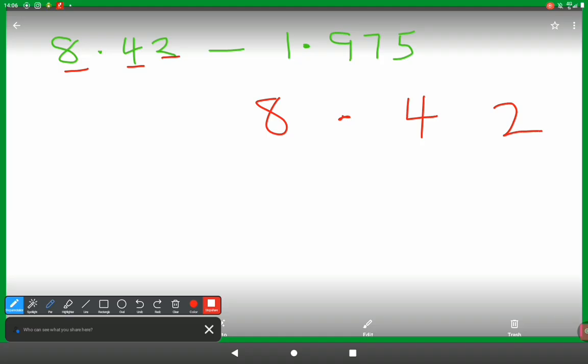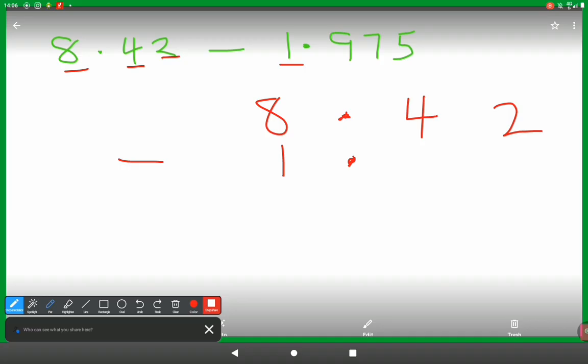Alright, so subtract by 1.975. So 1 here is the ones. You put 1 under the ones. Okay. The 9 is the tenths. You put it on. Don't forget the decimal point must be aligned. Make sure your decimal point is always under each other like this.